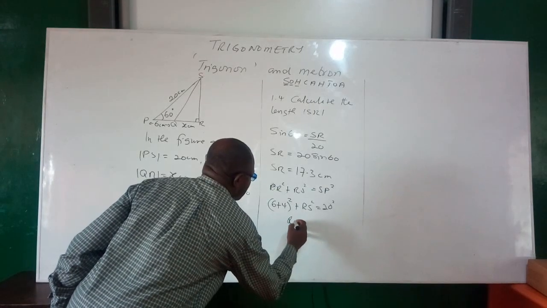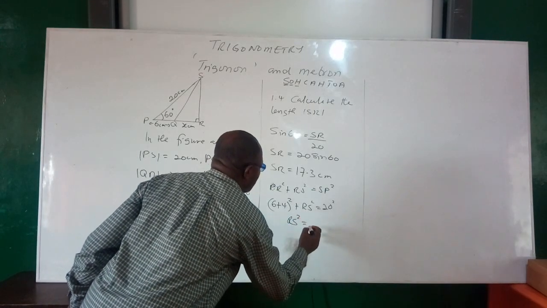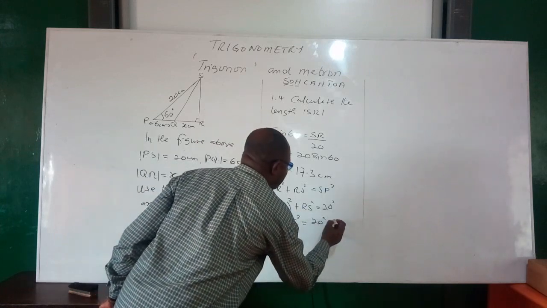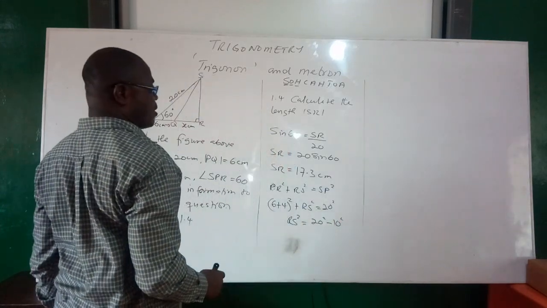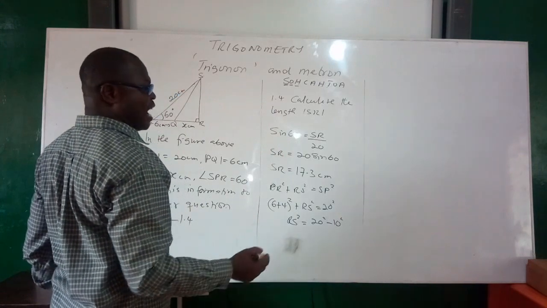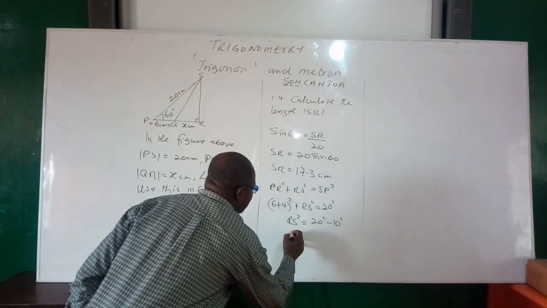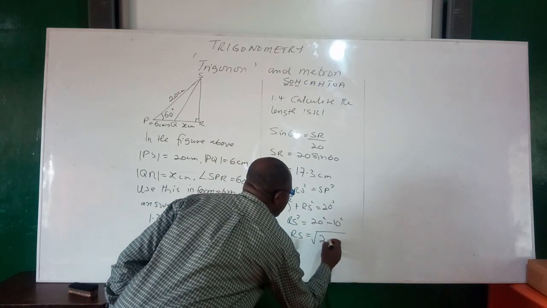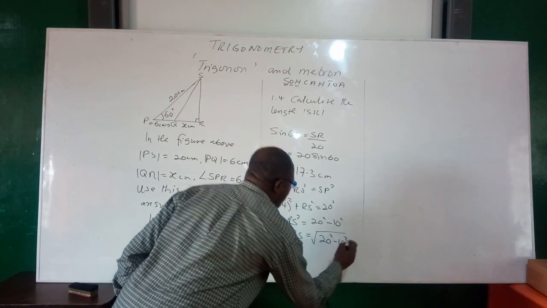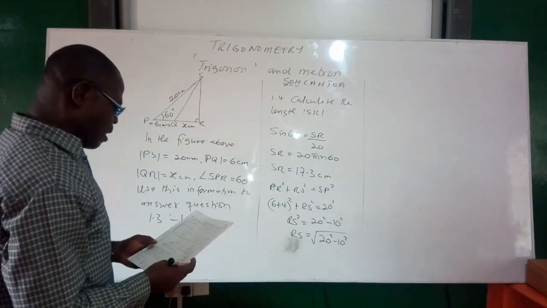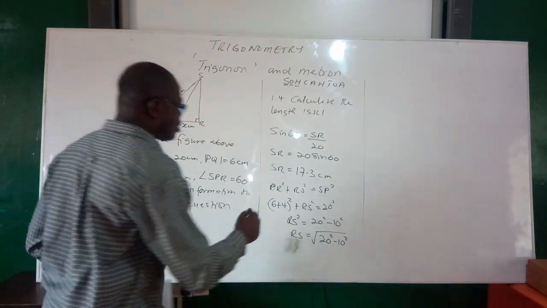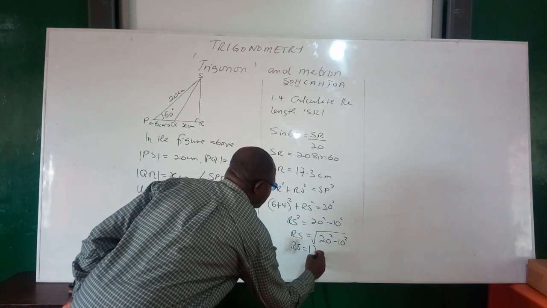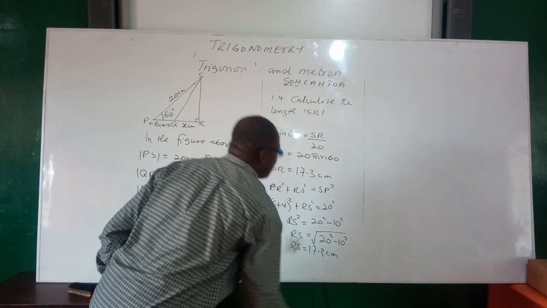RS square is equal to 20 square minus 10 square. Then with the help of the calculator, we find the square root of both sides. So RS will be equal to root of 20 square minus 10 square. Then we can click it and get the answer straight. Therefore, RS is equal to 17.3 centimeters as we have.